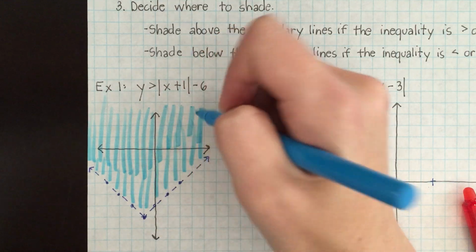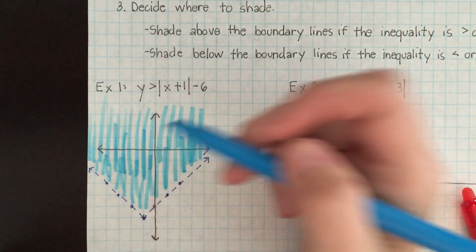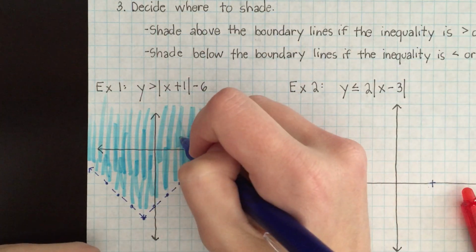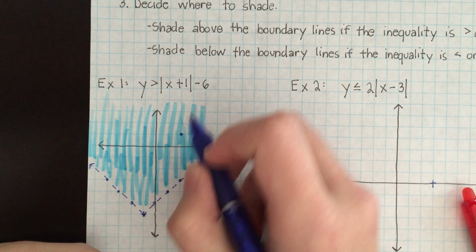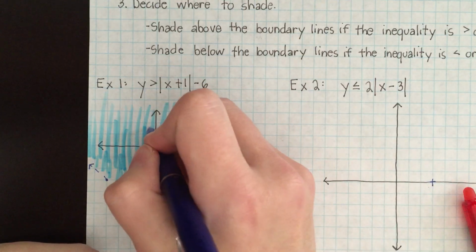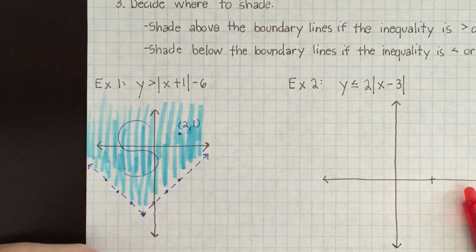So what all this means, because you know it's got to have a meaning in math, is that any point I pick, pick this one here, the point 2, 1, okay? That coordinate, any coordinate in this shaded region is a solution to this inequality.